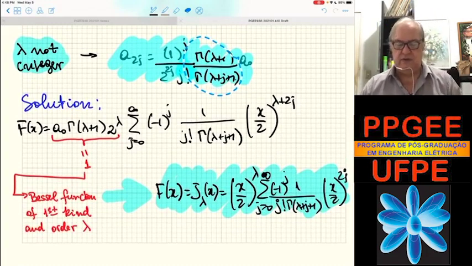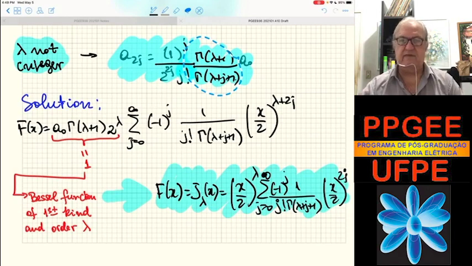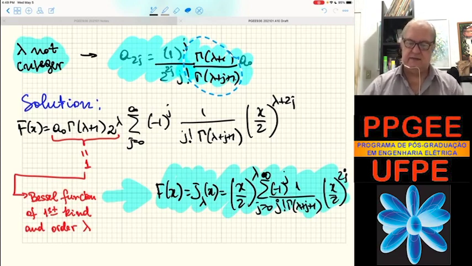So the solution that we obtain for a given lambda, let's choose the lambda positive value, right?